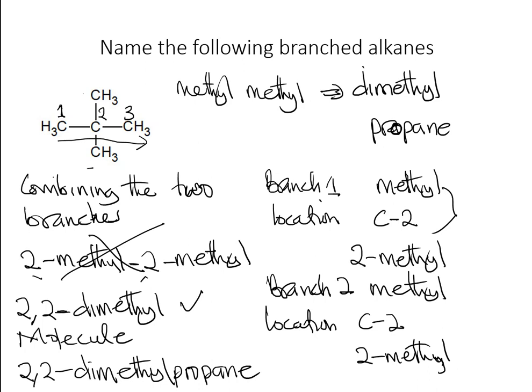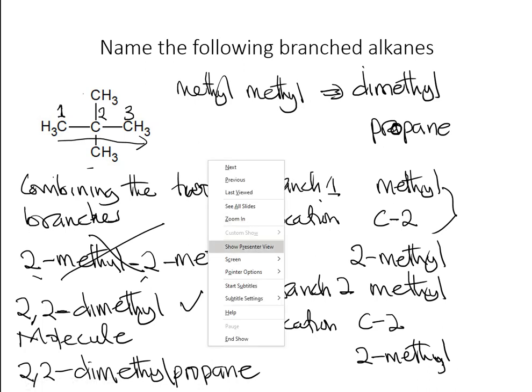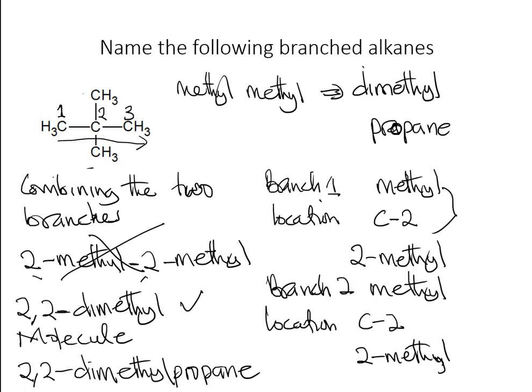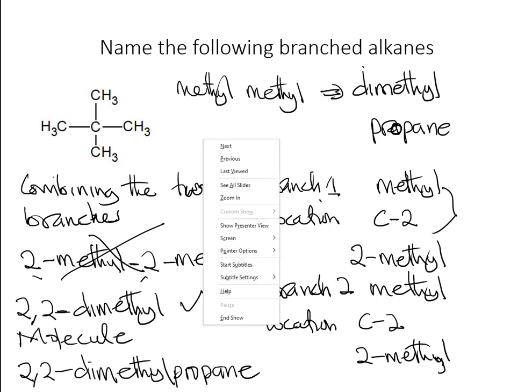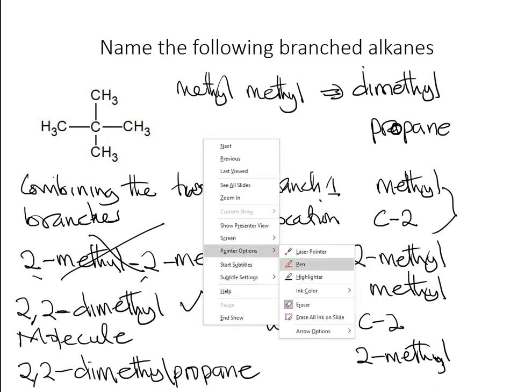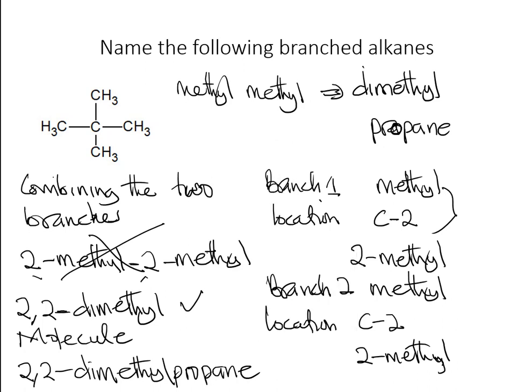And because both of them are methyls, we just call them dimethyl to show that we have 2 methyl in there. So again, this molecule here is 2,2-dimethyl propane.